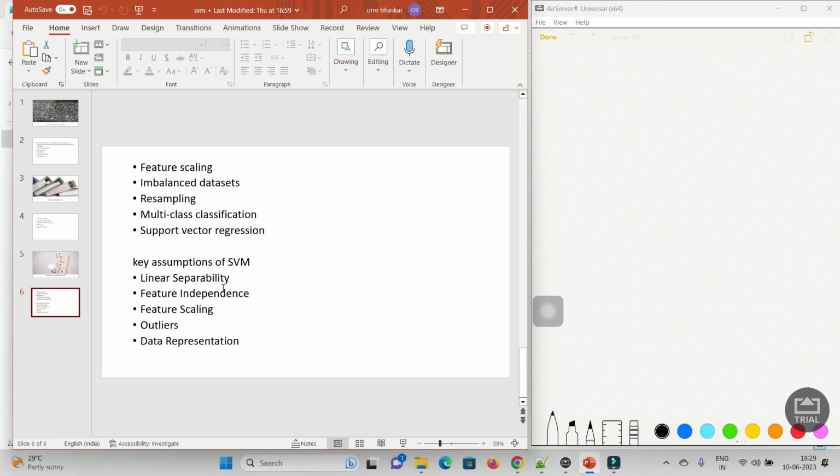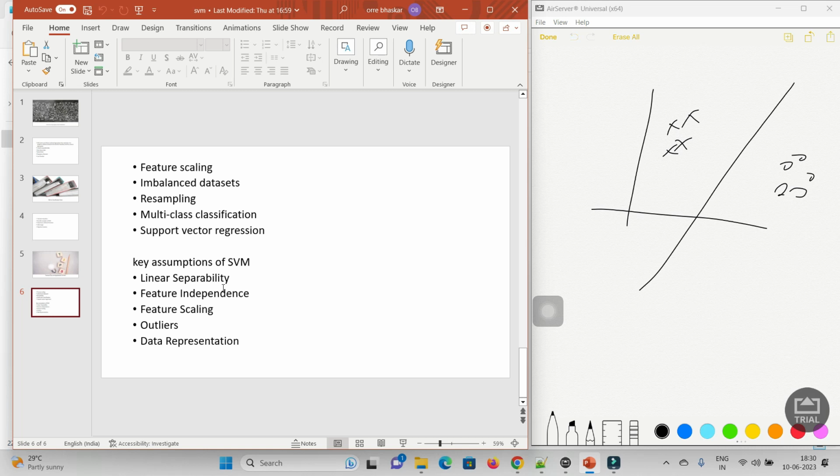Next assumption, outliers. SVM is sensitive to outliers, especially in cases where the margin is small. Outliers can significantly affect the placement of the decision boundary and support vectors. So let's assume these are our data points and these are our major data points. Ideally, this should be our hyperplane.